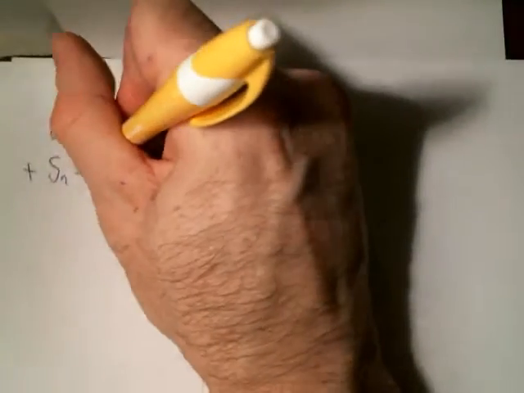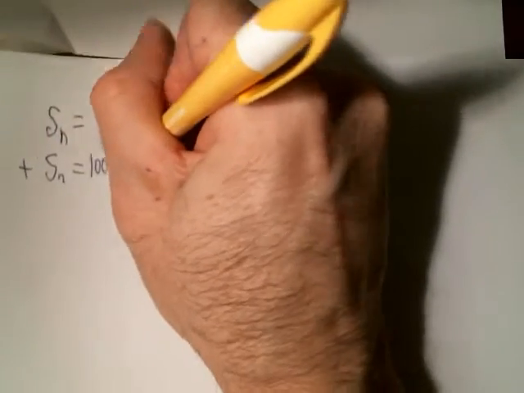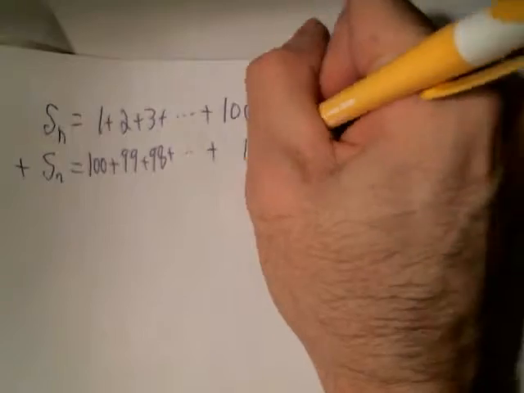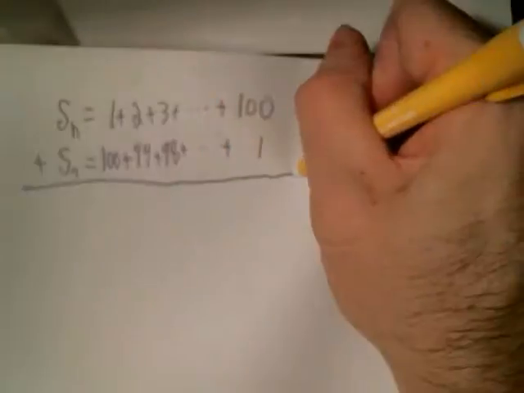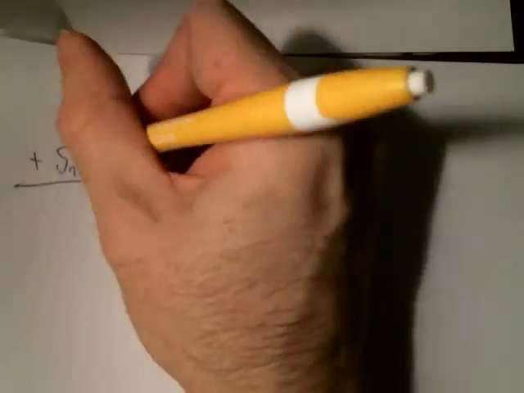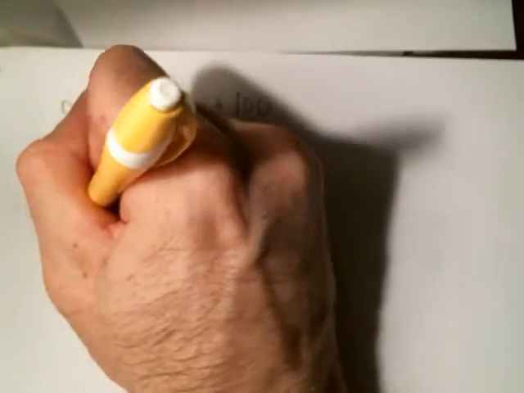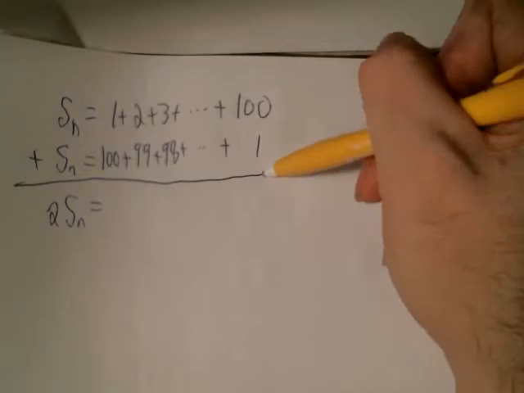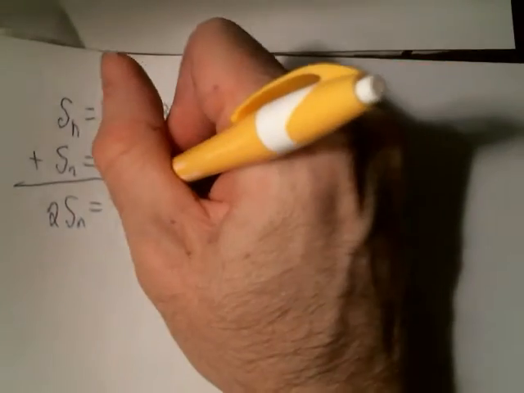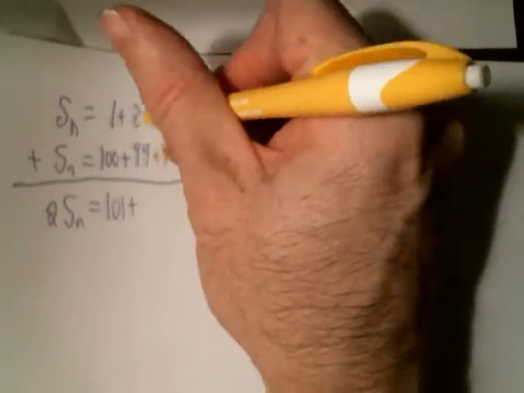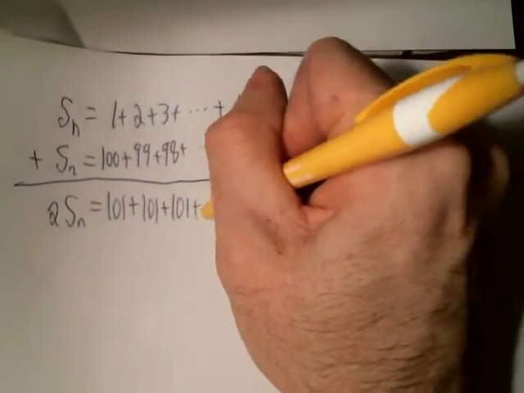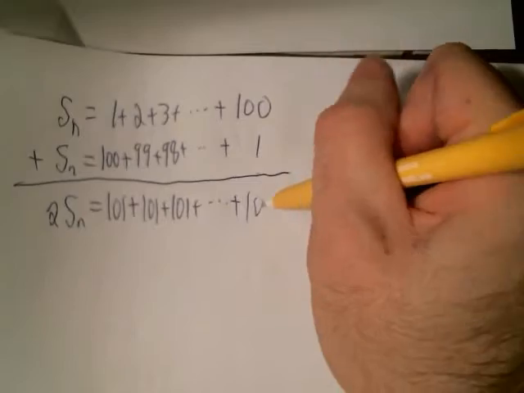I'm going to write it in reverse here. So 100 plus 99 plus 98 plus dot dot dot plus 1. And so what do you get? Well, S sub n plus S sub n is 2 S sub n. And over here, it's always going to be 101. So you get 101 plus 101 plus 101 all the way up to 101.